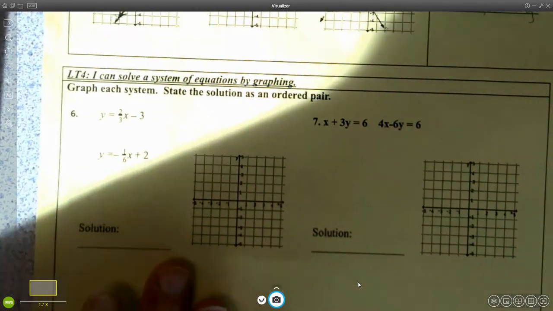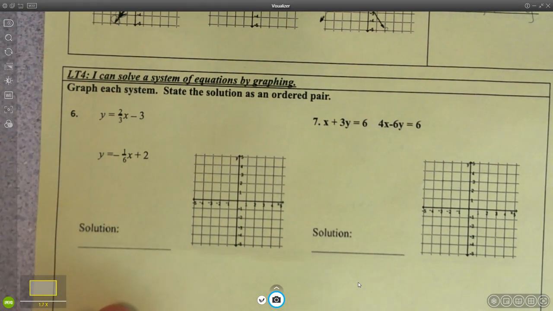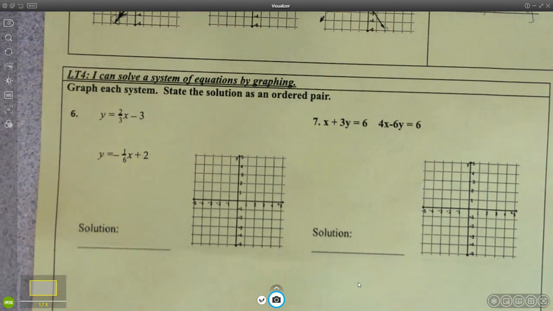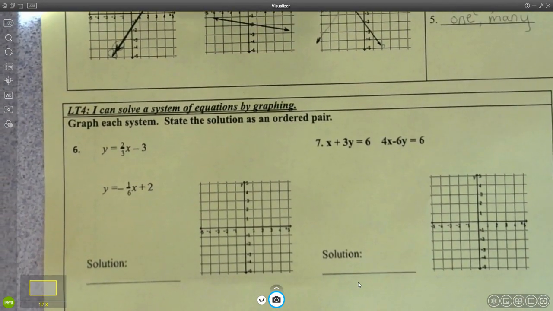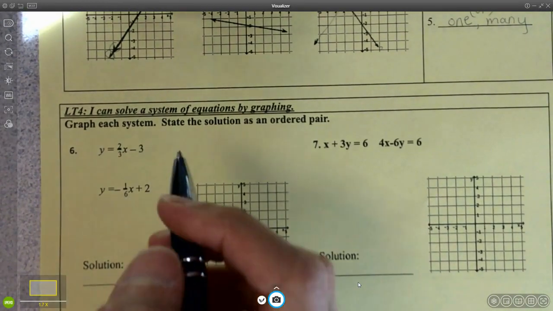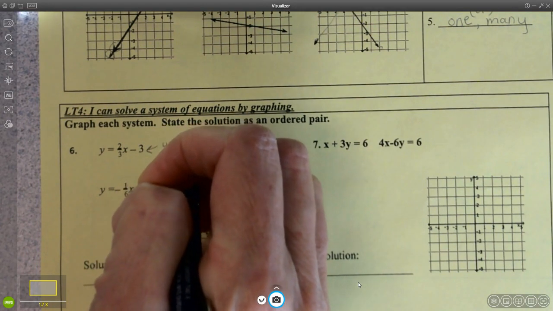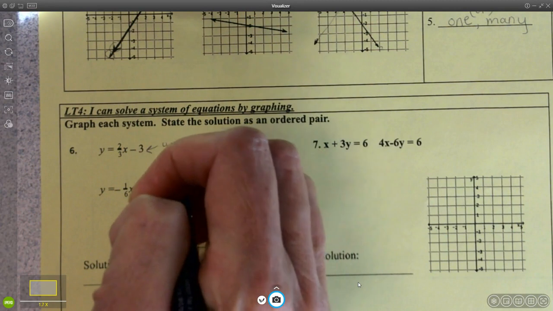So in this system, we're going to graph them. Let's take a look at it, straighten it out a little bit. The first one, so to graph the first one, remember, this is your intercept. That's the y-intercept. That's where we begin. We call that the b for the begin.